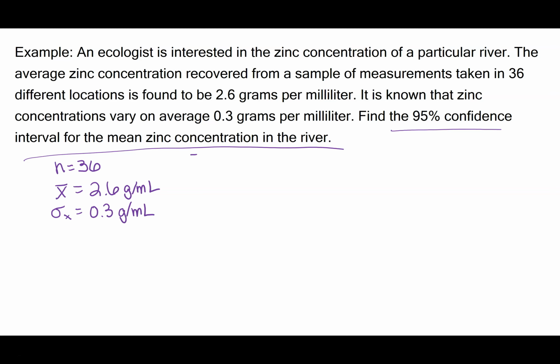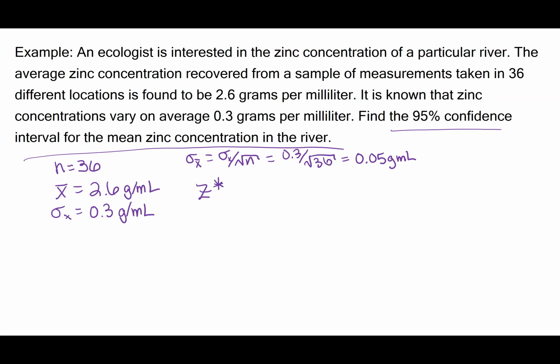Sigma of x bar, you don't have to calculate it here, but I like to. Sigma over root n, so that's 0.3 divided by the square root of 36. I want to say it's 0.05 grams per milliliter.